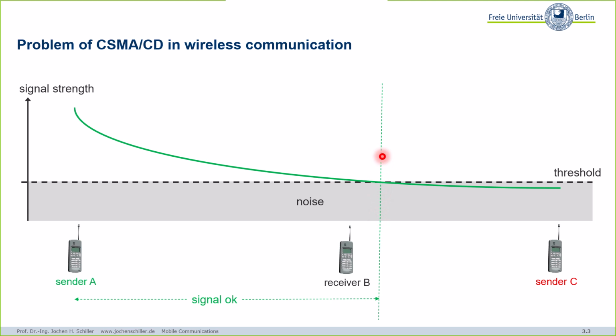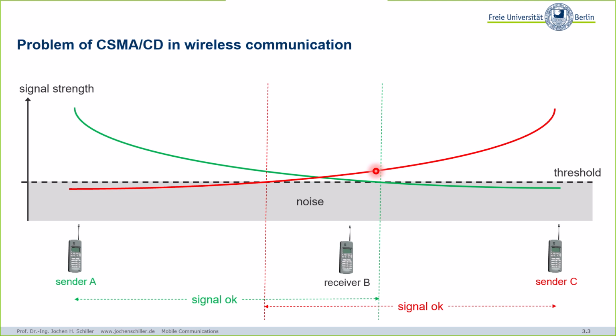So up to this point everything is nice. Let's assume it works as long as the signal is above a certain threshold. If it's below the threshold, well, it's noise, simplified.